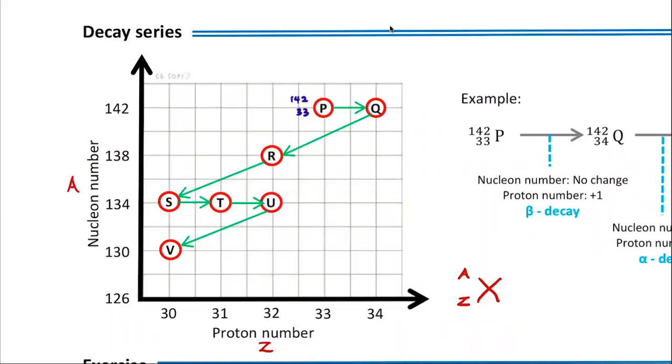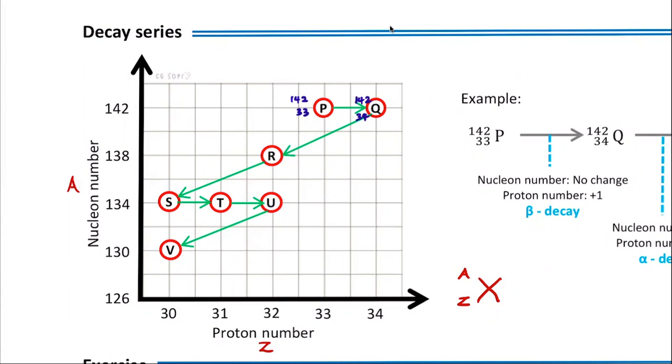Q is 142 and 34. Now, what type of particle or what type of decay happens here from P to Q?